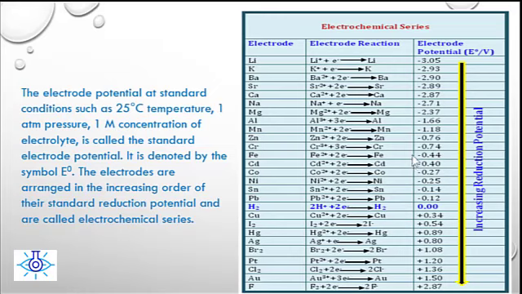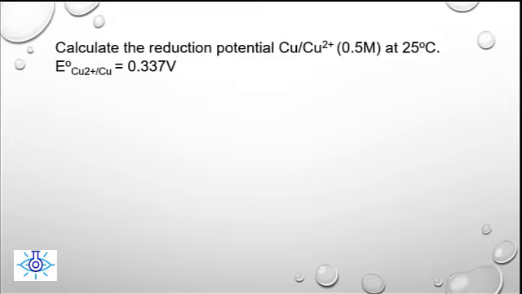Now these electrochemical cells are extensively used in determining the pH of solutions, solubility product, equilibrium constant and other thermodynamic properties, and also for potentiometric titrations. Let us now look into solving some problems related to the Nernst equation.